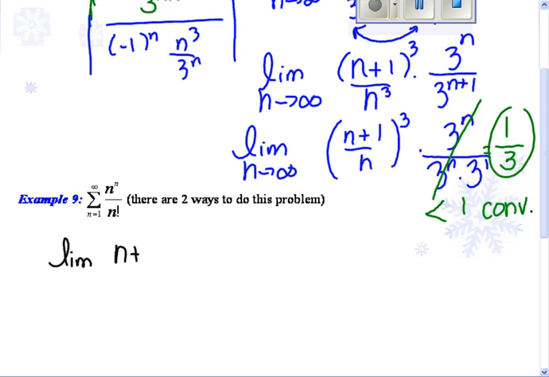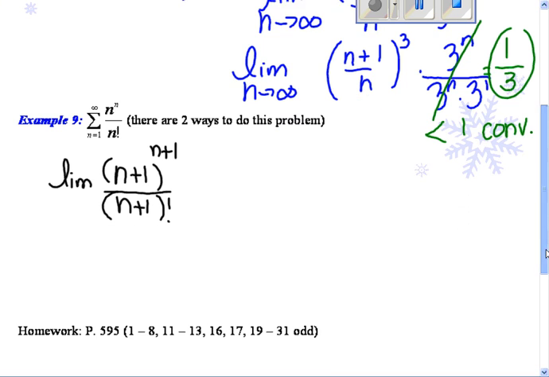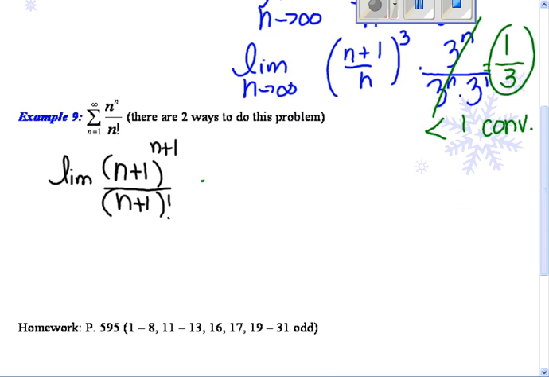Let's just get it set up as n plus 1 to the n plus 1 over n plus 1 factorial. So what are you going to do with that? And the n plus 1 to the n plus 1 might bother you as well, times, and then you're going to multiply by the reciprocal, n factorial over n to the n. So what is n plus 1 factorial?